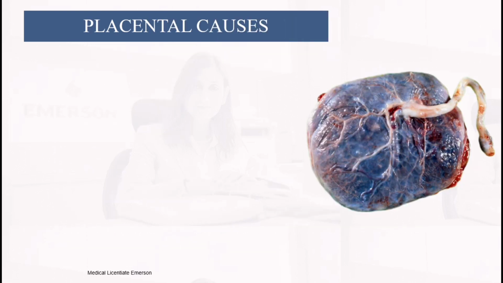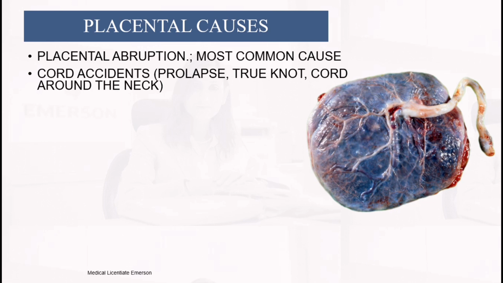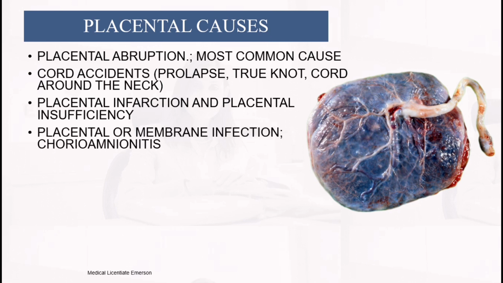Then we have placental causes such as placental abruption, which is the most common cause under placental. Then, since we are going to include cord even if we haven't separated it, we are going to put cord accidents such as prolapse, true knot, cord around the neck. Then we have placental infarction and placental insufficiency, placental or membrane infection.